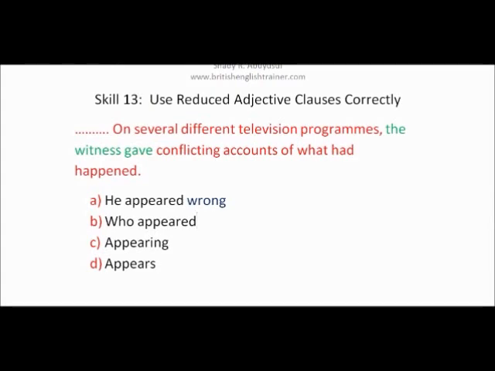Let's move to number B. Who appeared on several different television programs? The witness gave conflicting accounts of what had happened. Now, we can't take that. We can't say who appeared. If you put who appeared like that, that would be what?